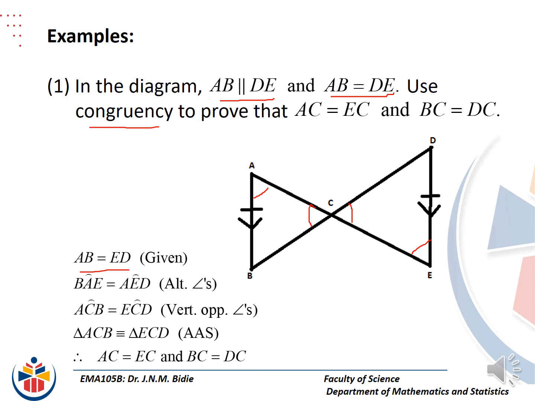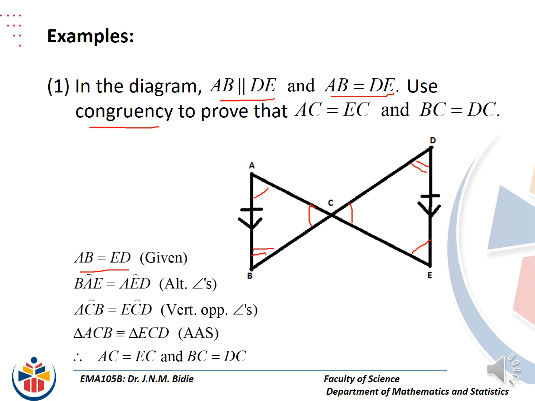Then we have the reason angle, angle, side. Or we could have simply chosen to use angle B and angle D. So that would have angle, angle, side. It's up to us.